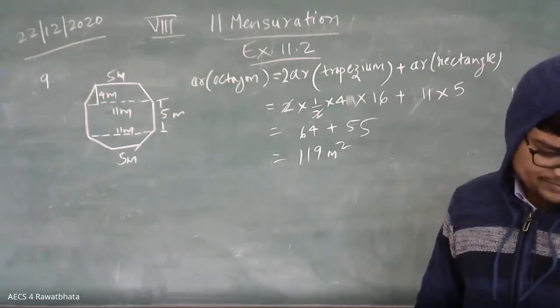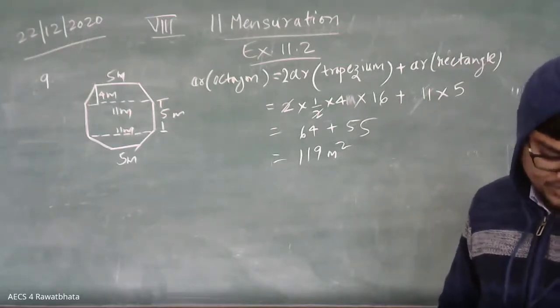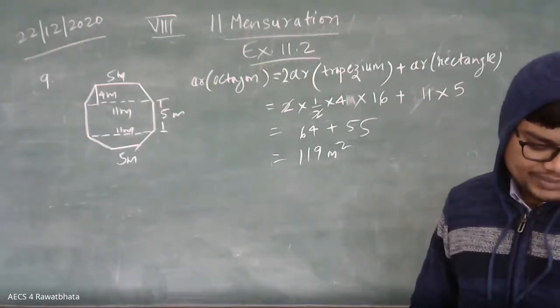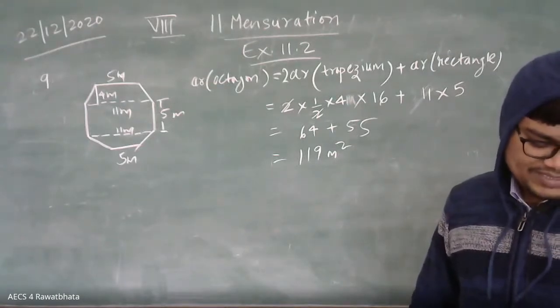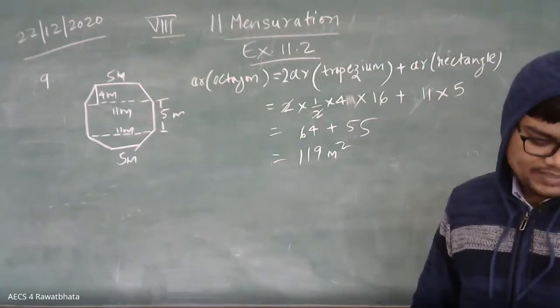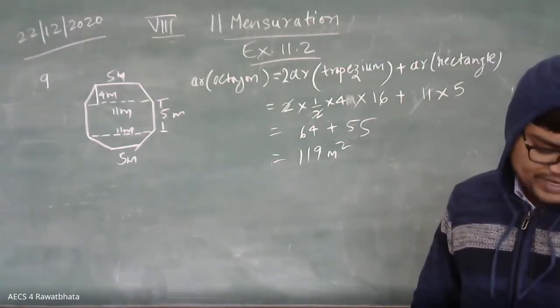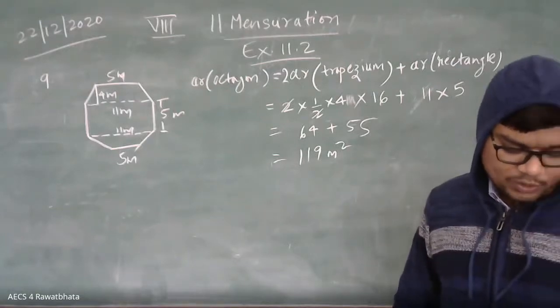Question number 10. There is a pentagonal shaped park as shown in the figure. For finding its area, Jyoti and Kavita divided it in two different ways. Find the area of the park using both ways.